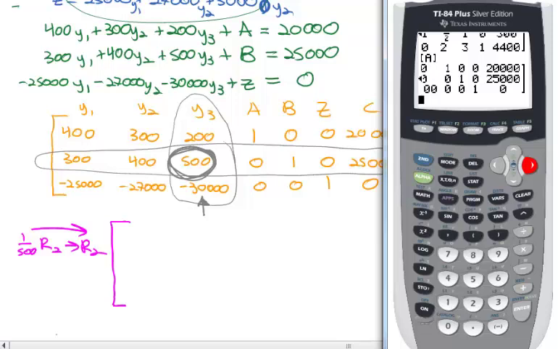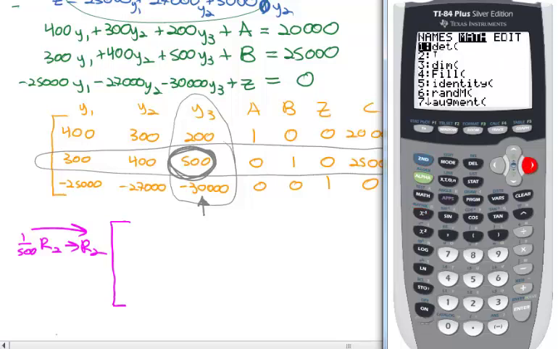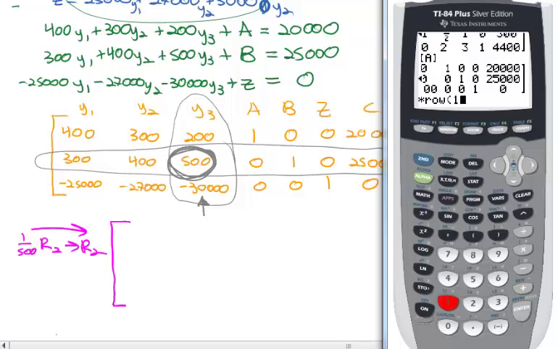Looks good. So now we're ready to take those matrix operations, second matrix, over to math. We're just multiplying to begin with. We're multiplying by 1 divided by 500, comma, the previous matrix in row 2. Didn't get the 2. There we go.